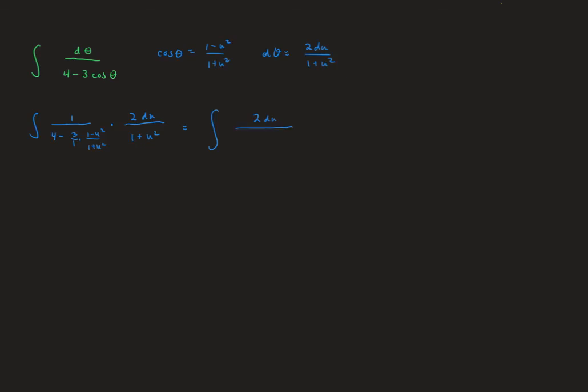Now as we distribute that 1 plus u squared, we're going to get 4 times the 1 plus u squared, and then a minus 3 times the 1 minus u squared, because that other 1 plus u squared in the denominator will cancel. So that's going to become 2 du over 4 plus 4u squared minus 3 plus 3u squared.